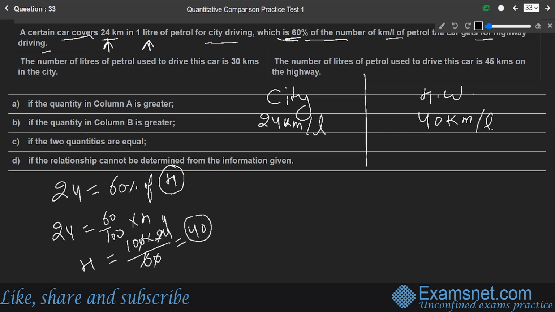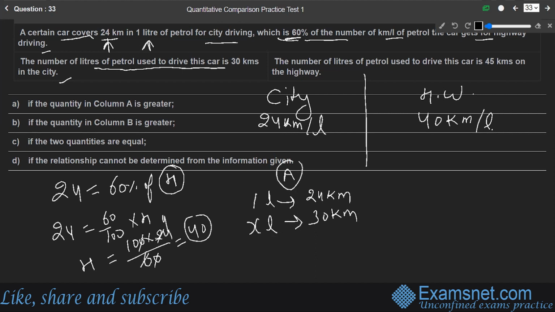So what is there in column A? Column A says number of liters of petrol used to drive this car 30 kilometer in the city. How much petrol is to be consumed when the car is driven in the city for 30 kilometers? We know that in 1 liter it goes 24 kilometer. So we are supposed to find out how much liter, let's say X liter, will be consumed for driving 30 kilometer. Clearly the ratio can be used here.